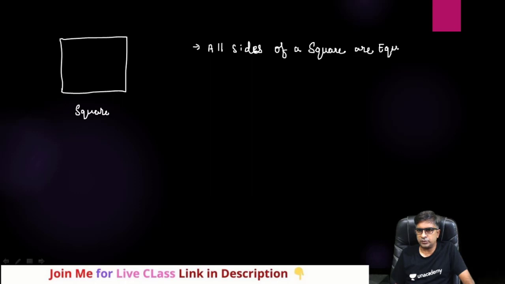In short form you can write all sides are equal in a square. Then all angles are equal and 90 degrees, so we will specify that all angles are 90.